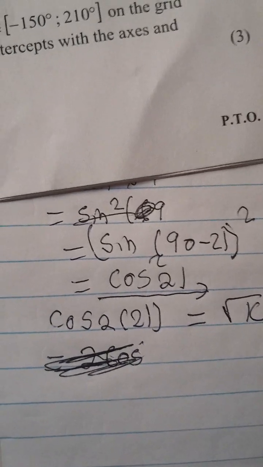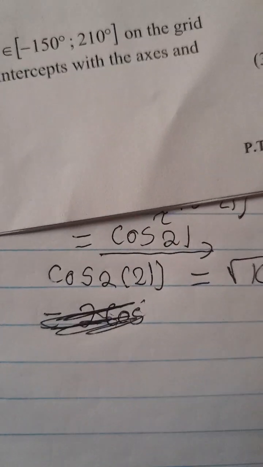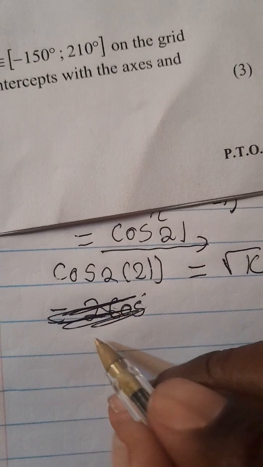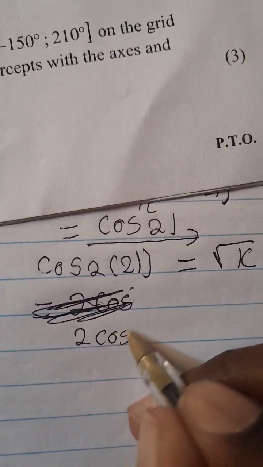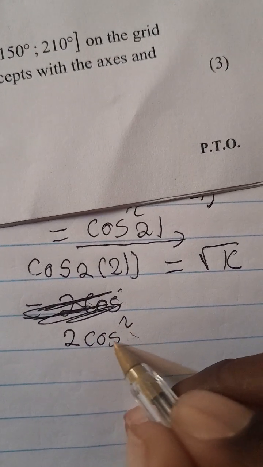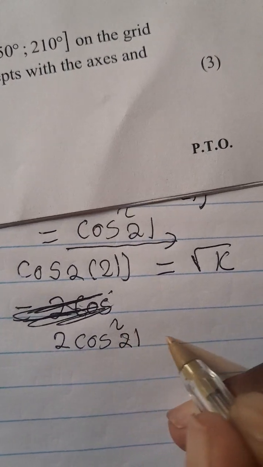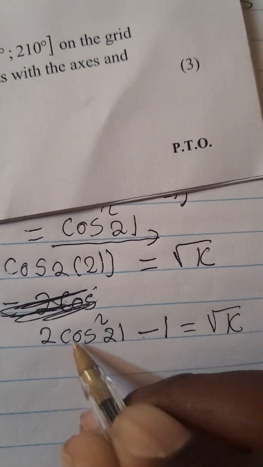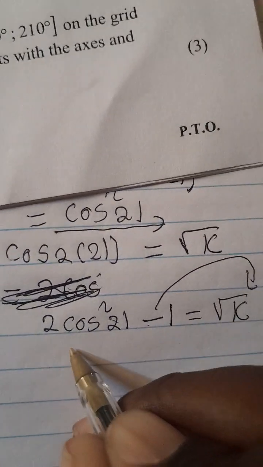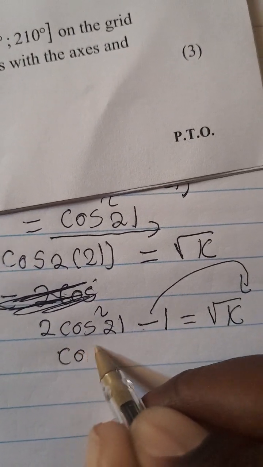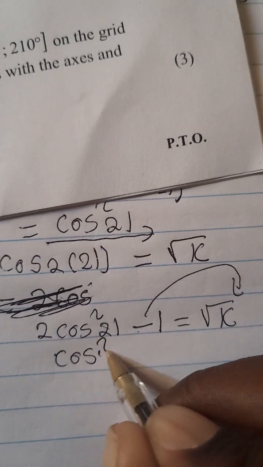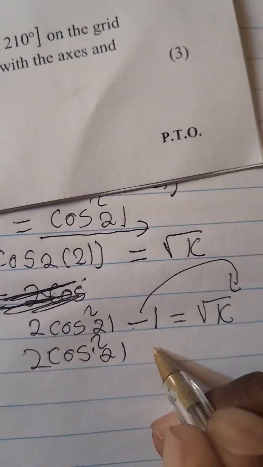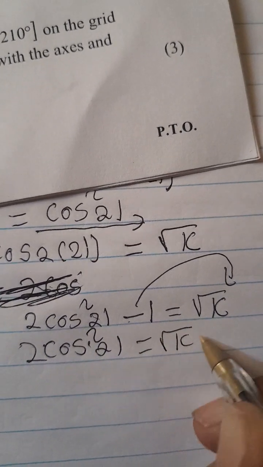So the best way is to change this. Remember, it's a double angle, so it will be 2 cos squared 21 minus 1, which is equal to root k. Then you can take this to the other side, so we have 2 cos squared 21 equals root k plus 1.